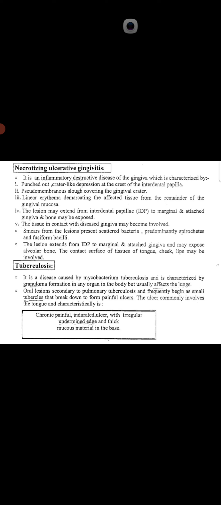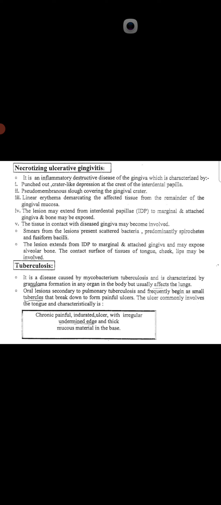Oral lesions are secondary to pulmonary tuberculosis and frequently begin as a small tubercle. After the tubercle breaks down, it forms a painful ulcer.